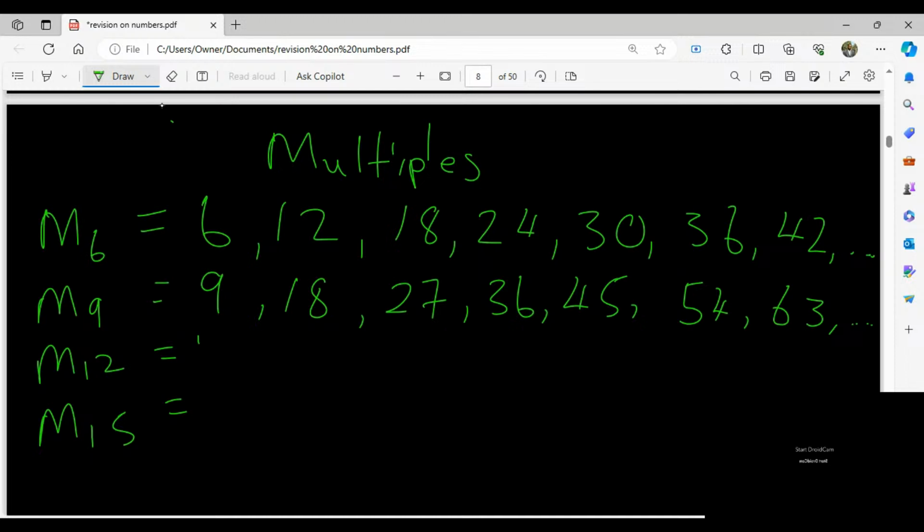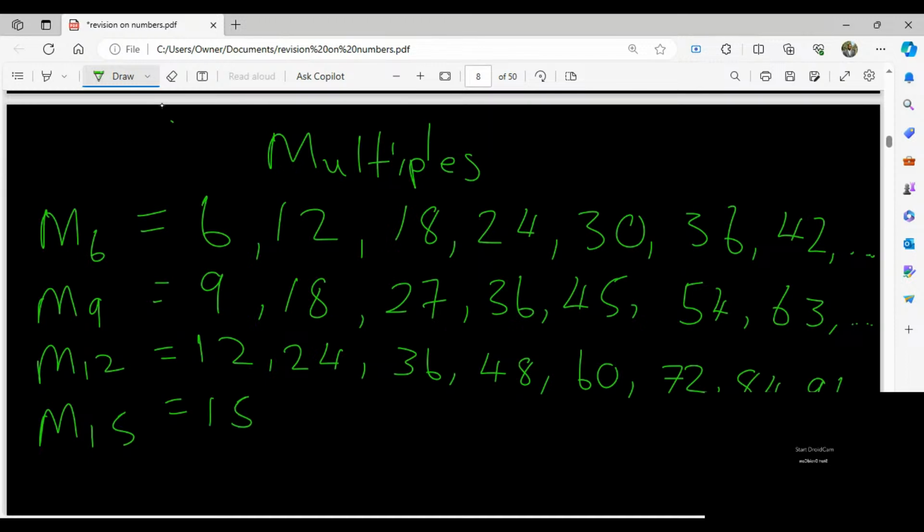Multiples of 12: 12, 24, 36, 48, 60, 72, 84, 96, etc. Multiples of 15 include 15 itself, 30, 45, 60, 75, 90, 105, etc.